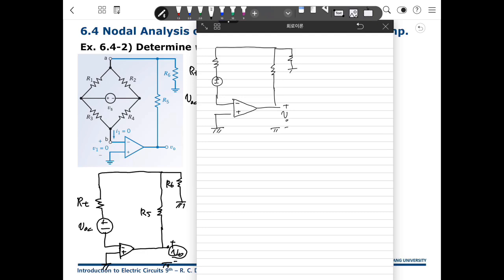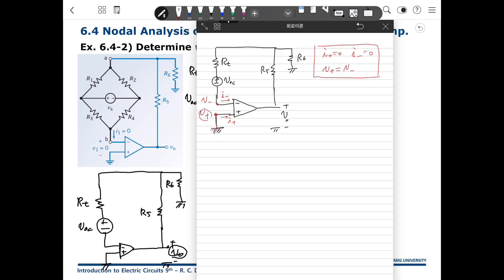Vout, then R6, R5, RT, VOC. To solve the problem, we define things here first. This is I minus, this is I plus, the voltage is V plus, and this voltage is V minus. I plus is 0, I minus is 0, and V plus equals V minus.